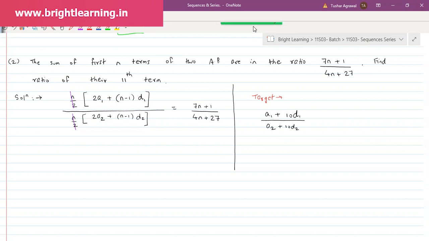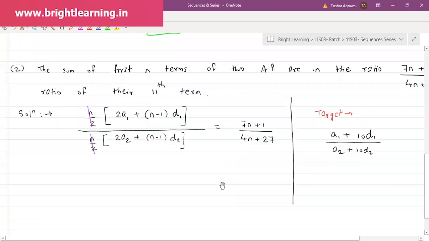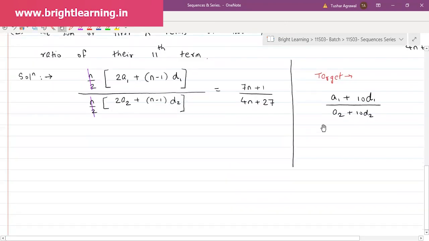So if he has asked this value, A1 plus 10 D1 upon A2 plus 10 D2, this is same as twice A1 plus 20 D1 upon twice A2 plus 20 D2.